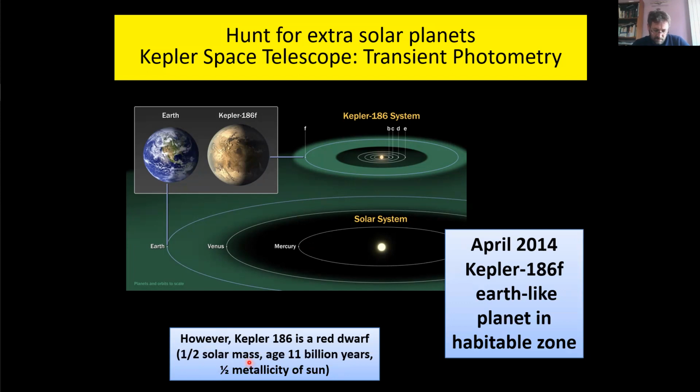Half the solar mass, it is 11 billion years old. That means it's a first or second generation star. It has only half the metallicity of our sun. So I wonder a bit that there can be at least 5 planets, maybe even more, and this one even Earth size, because you have only half the heavy material available.